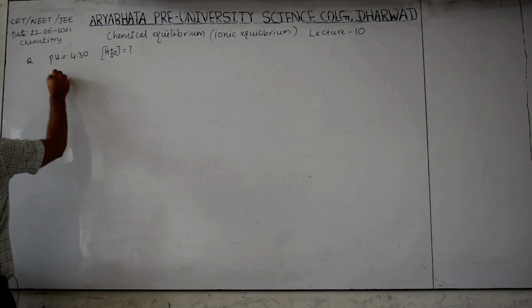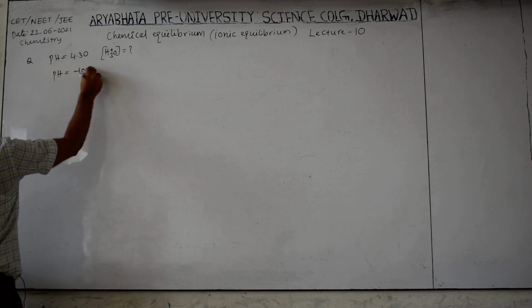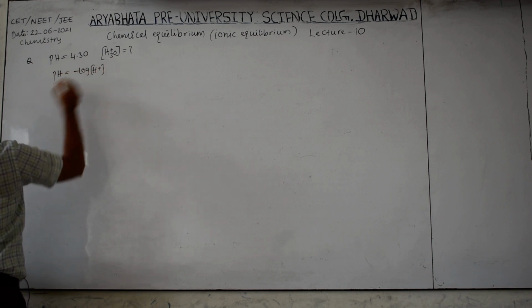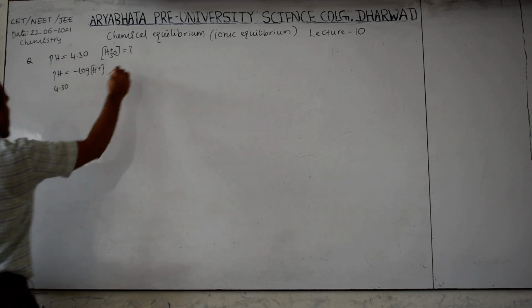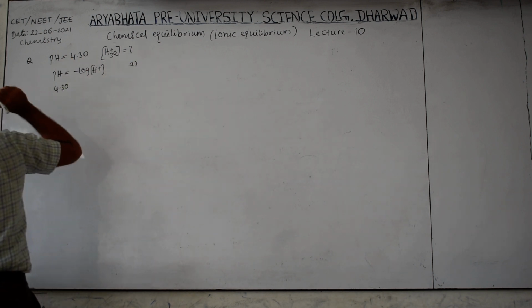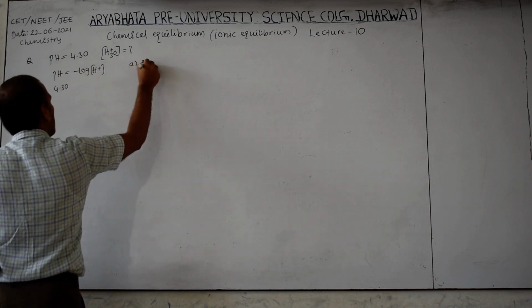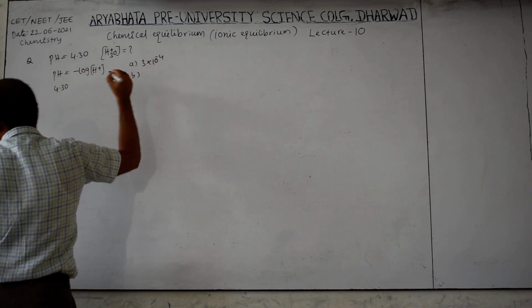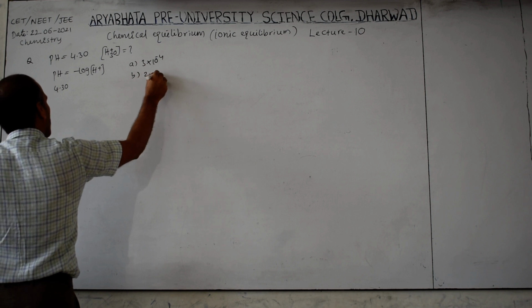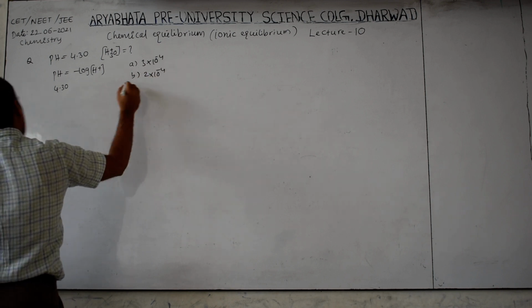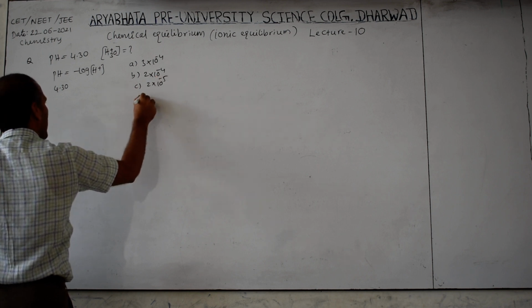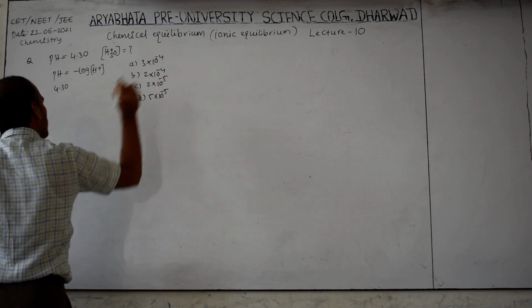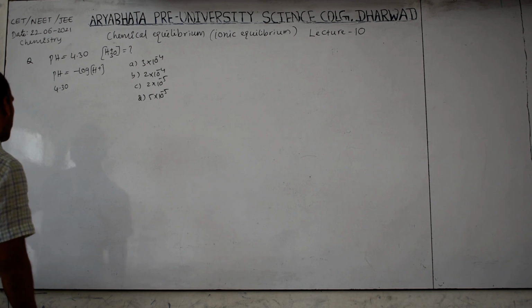We know the formula: pH is equal to negative logarithm of H plus ion concentration. Then pH is 4.30. The options given: A, 3 into 10 power minus 4; B, 2 into 10 power minus 4; C, 2 into 10 power minus 5; D, 5 into 10 power minus 5.